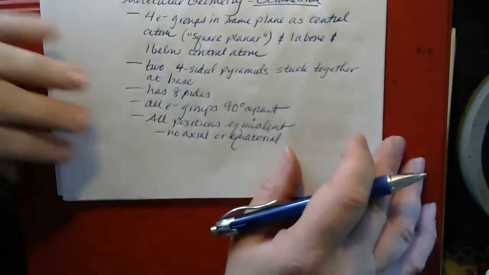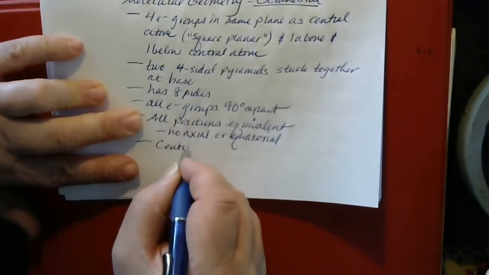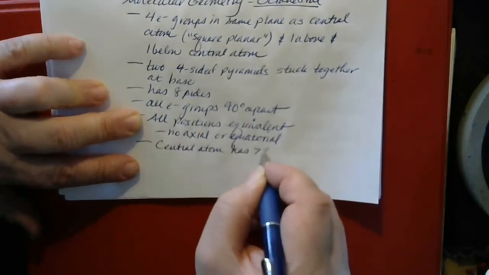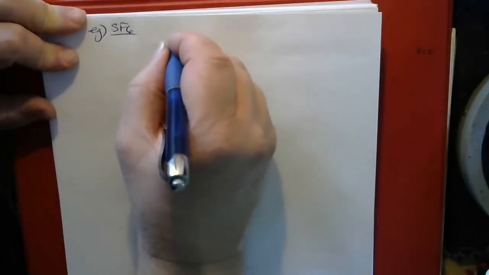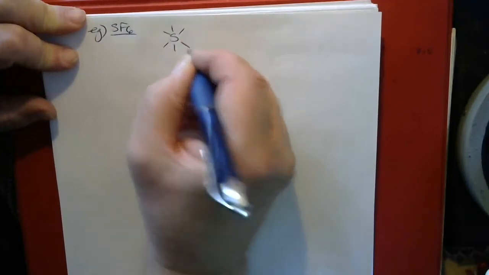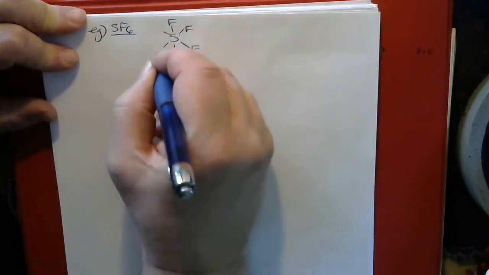The central atom, again, has more than an octet. And you can see that when we look at an example, SF6, where we have six fluorines around a sulfur.